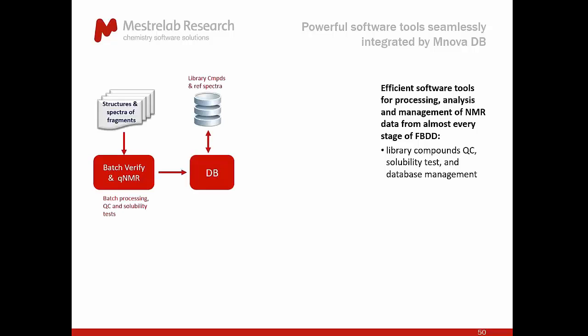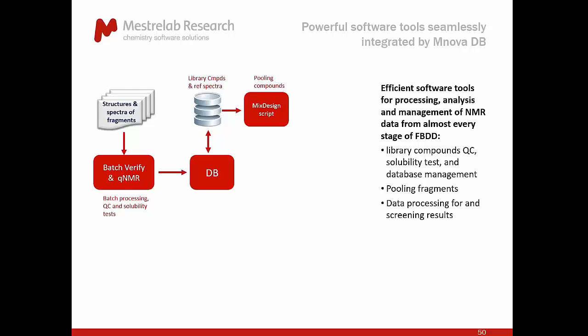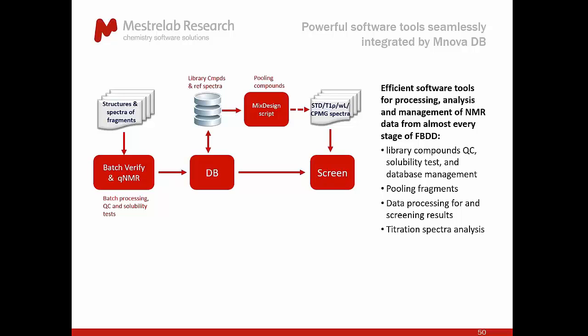Those are the tools we showed you: batch verify, database, QMR, etc. And then for pooling compounds, we have this mixture design script for optimizing the combinations for your sample preparation. And then we have data processing for screening data, and use the reference spectra from the database or from raw data and give you the batch processing results.